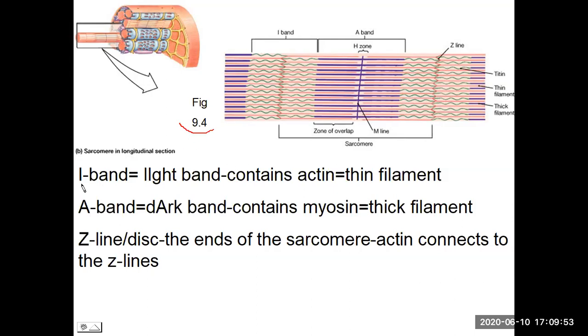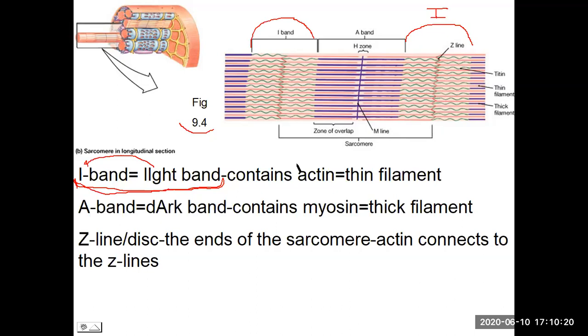We'll begin with what could be called an I band or a light band. Those could be interchanged. You notice you spell the word light with the letter I, to help you remember that. First of all, the I band actually is shared between neighboring adjacent sarcomeres, so it actually overlaps neighboring sarcomeres.